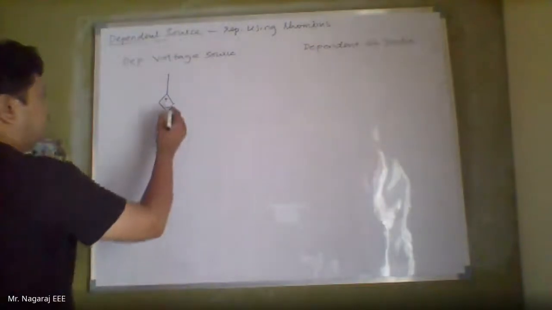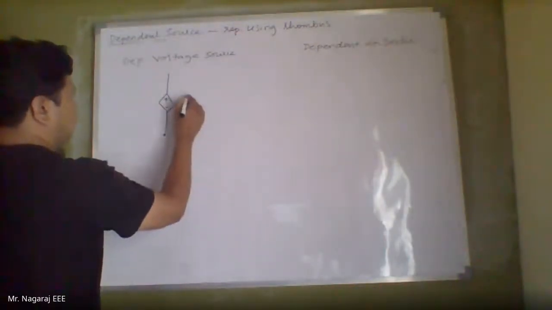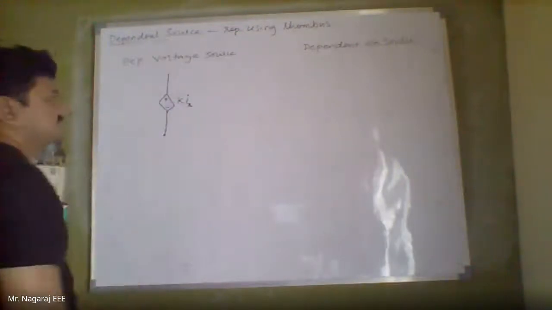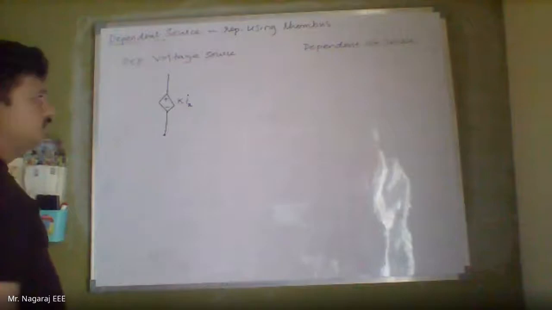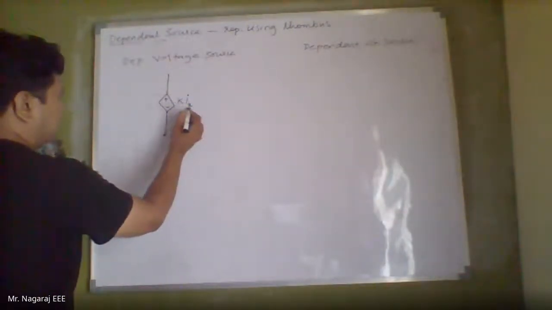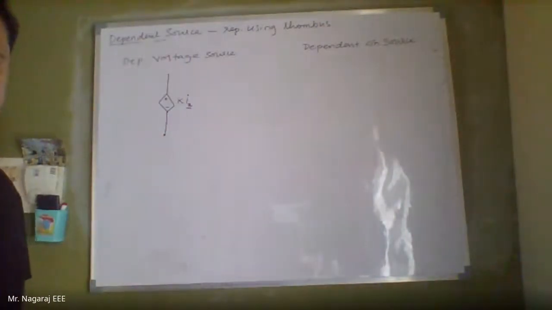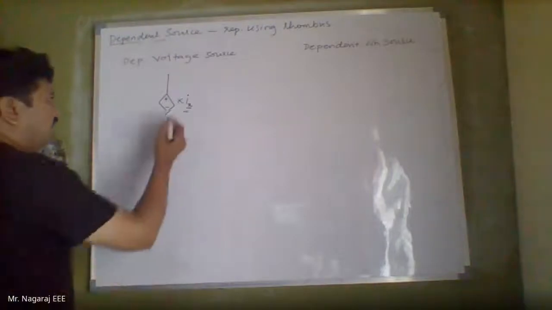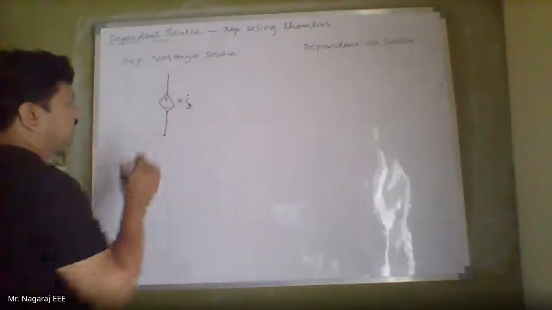Now, if this is K into Ix, then this voltage source depends upon the current Ix. K is a constant, to which the current Ix is multiplied.